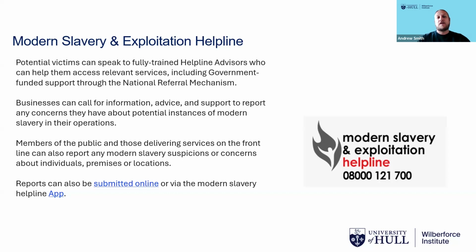Something I always try to tell people to do in sessions is, if you do nothing else off the back of this session, download the Modern Slavery Helpline app. You can make reports through the app. It also gives information and advice on different types of exploitation, the signs to spot that type of thing. So it's very useful for workforces and staff to be able to have that information on their mobile phones.